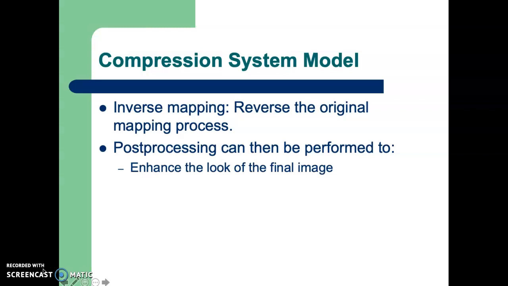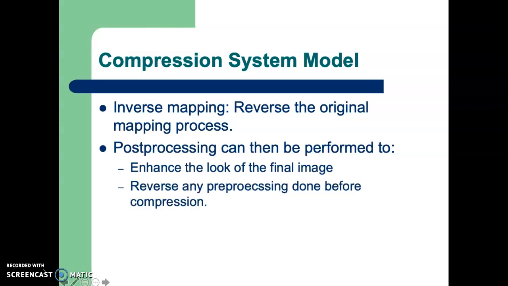Okay, so once you do the compression and then you do the decompression, the output of the decompression, you can also do the post-processing to enhance the look of the final image. So sometimes when you do the compression and then decompress, your image will become blur, for example.